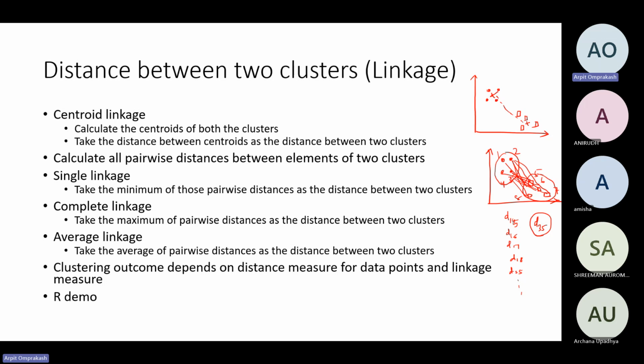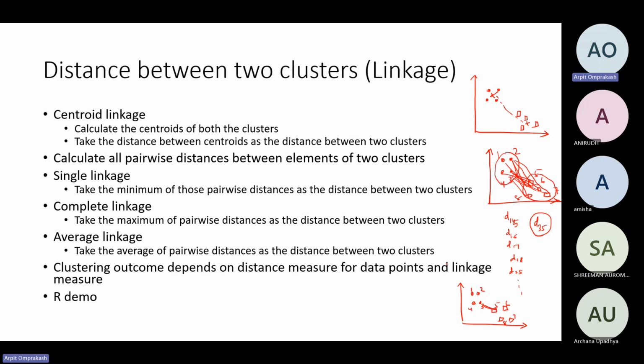So this distance basically, I'll draw it again. So this is 1, 2, 3, 4, and 5, 6, 7, 8. So this distance between 3 and 5 is the minimum distance between these two clusters.